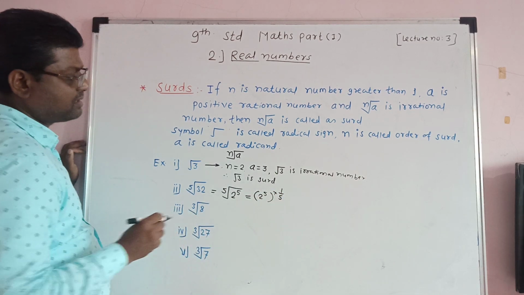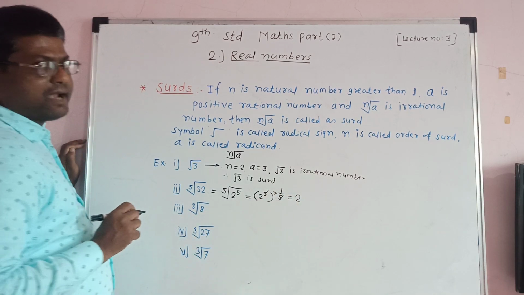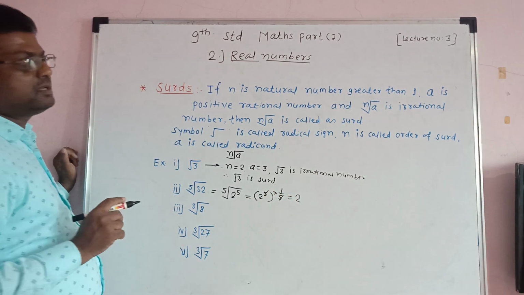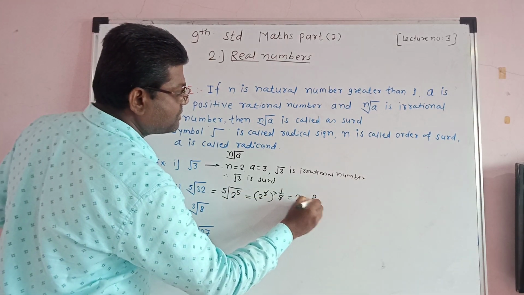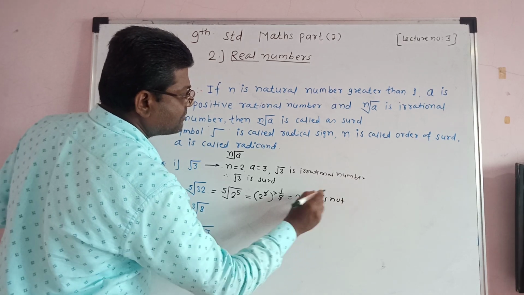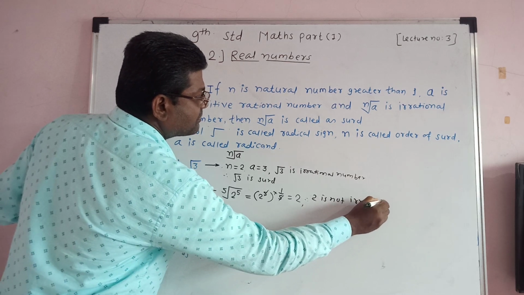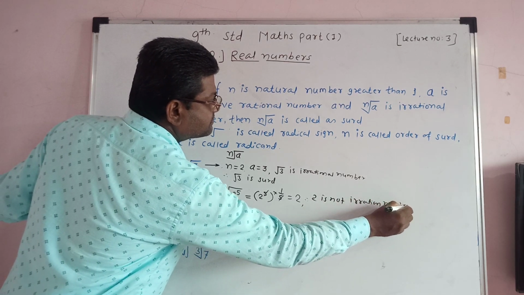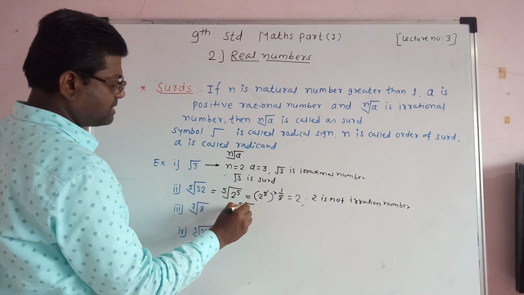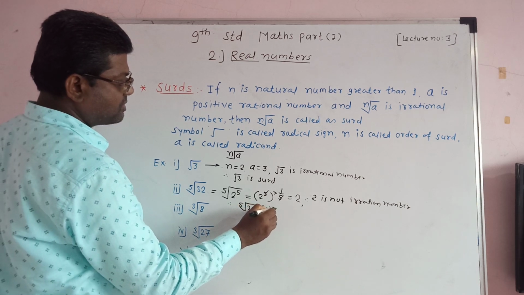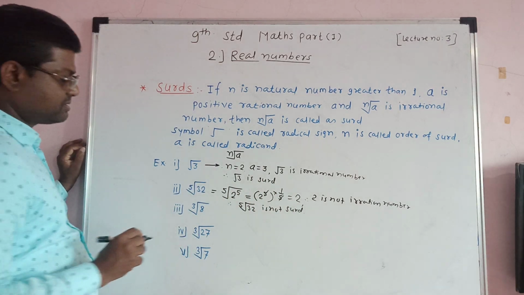Therefore the 5s will get cancelled, and what remains is 2. 2 is not an irrational number, 2 is a rational number, therefore fifth root of 32 is not a surd.